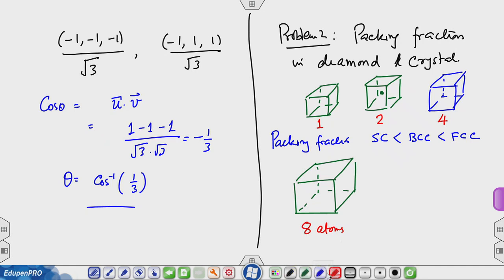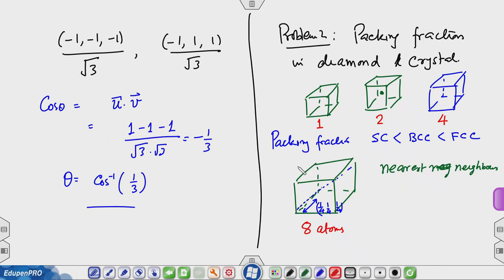So nearest neighbors are along the diagonal. I mean, there are others also, but I can choose them to be along the diagonal, and the distance is along this 1 4 1 4 1 4.